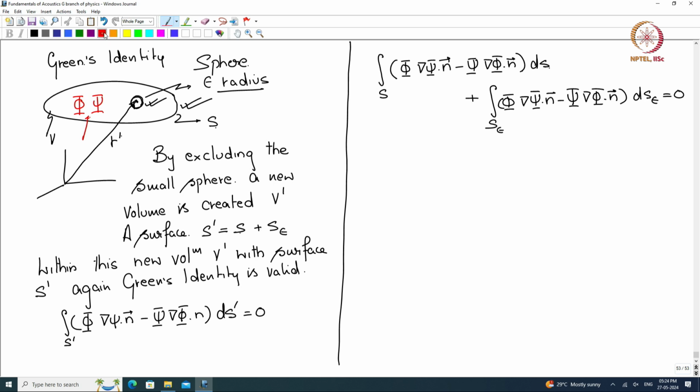So we will call this 1, we will call this 2, and we will look at 2, and within that there are 2 terms. This is term A, and this is term B. So let us look at term B in 2.